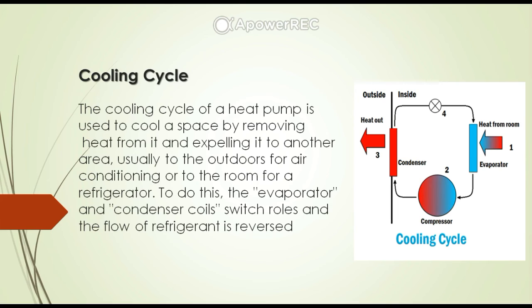To do this, the evaporator and condenser coils switch roles, and the flow of refrigerant is reversed, as illustrated in this diagram. We can see all the stages of the cooling cycle.